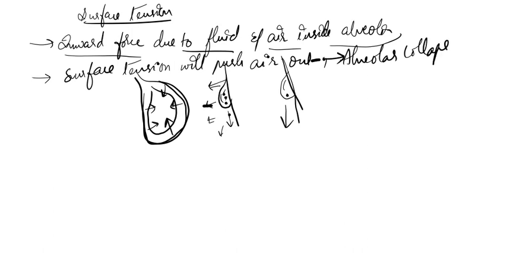You understand? Now it leads to alveolar collapse or something called atelectasis. Now for example, if there is pulmonary edema, the fluid present in the lung pulls inside. So what happens? The air in the alveoli escapes to outside, so it is completely filled with the fluid.